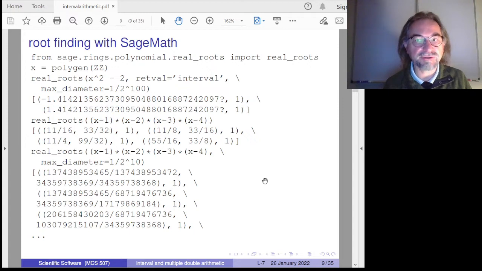So I get rational expressions. So in a way we are approximating the roots, but we are approximating with exact rational arithmetic. You see here the intervals that are enclosing the roots.